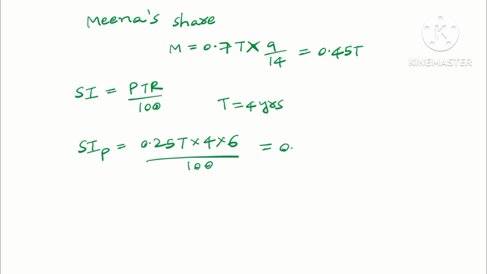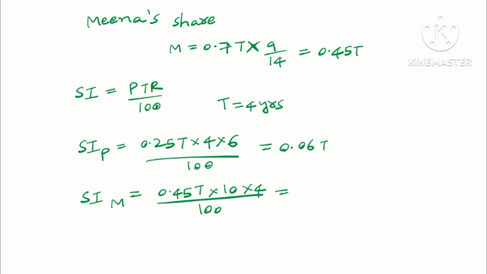We get 0.06T and simple interest for Meena is 0.45T into 10 as given in the question, T is 4 years by 100. We get 0.18T.